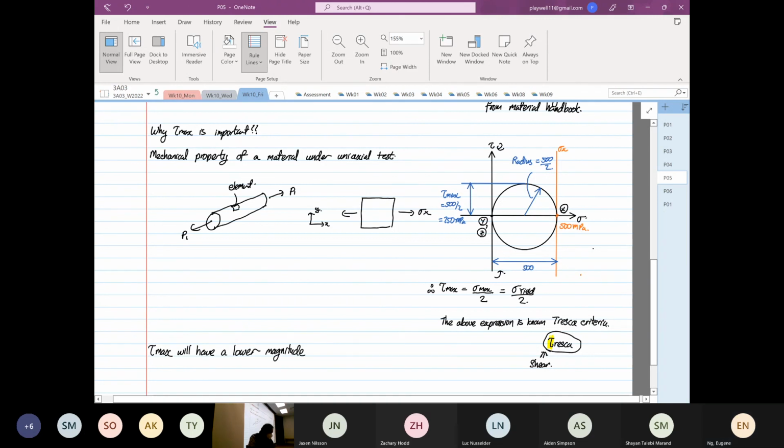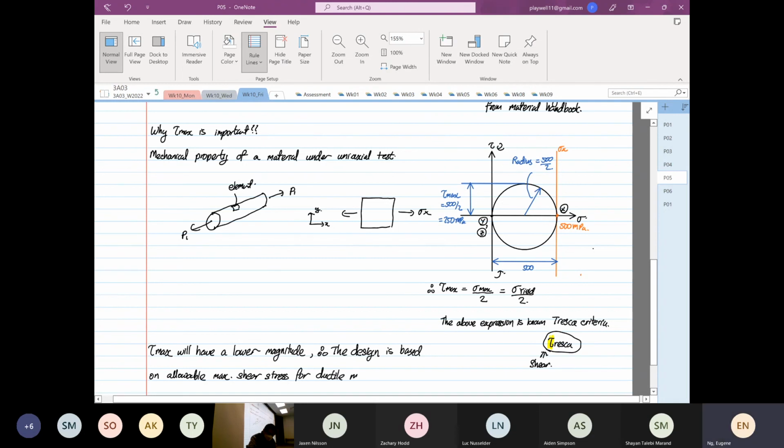Therefore, the design is based on the allowable maximum shear stress for ductile material.